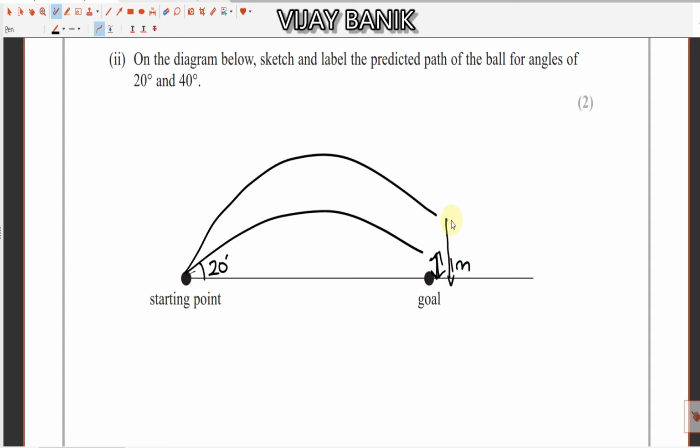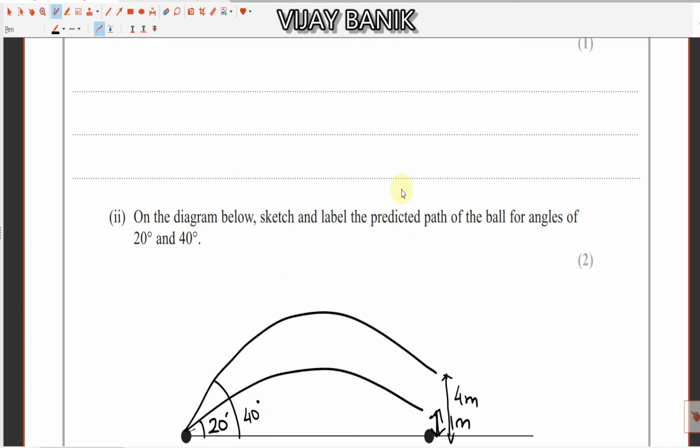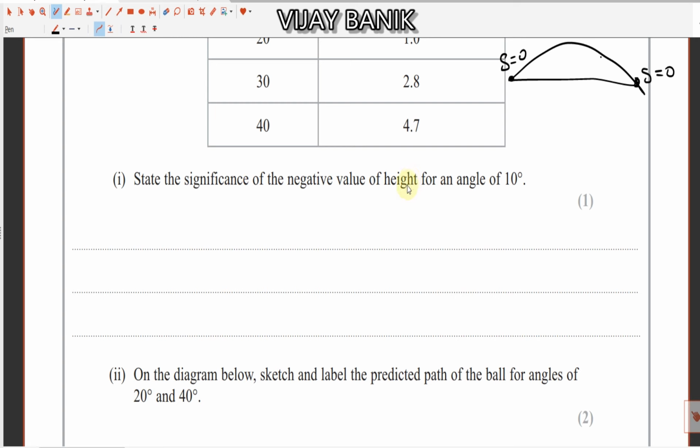This is 4 meter from the ground, and this is 40 degrees. So this question is also done. 2 marks over here and 1 mark from here. You have to say the ball traveled below the initial height it was kicked from.